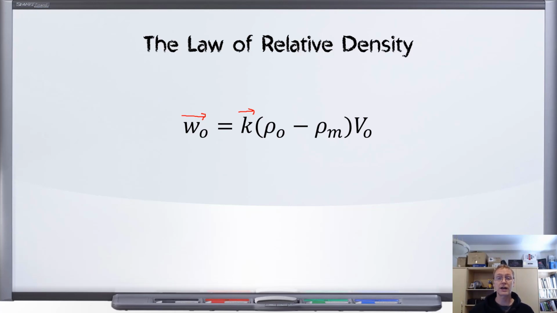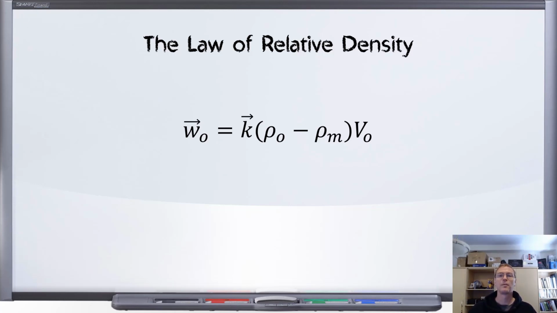It will take the direction down from the K vector, which is just a value from Mother Nature, multiplied times the relative density times the volume of the object, and we will get the net weight of that object in that medium as a directional quantity. Putting that into vector notation, we have this format where the law of relative density now shows that weight is a vector.